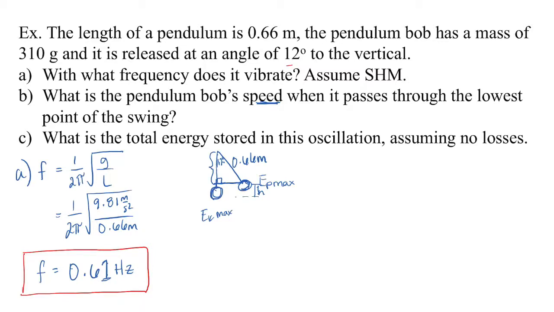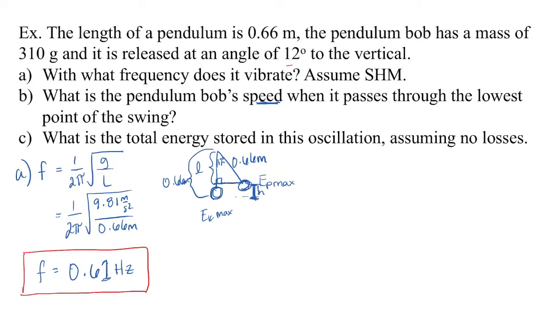Yes, I can find that length, so I'm going to call that L, okay? But I need the height here. So what will that be? Well, we know this whole thing is 0.66 meters. So if I can find L, I can subtract it from 0.66, and I can find my height here.